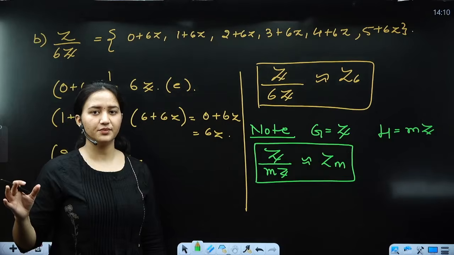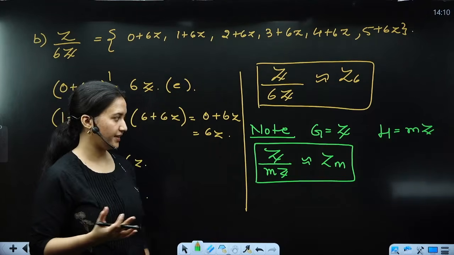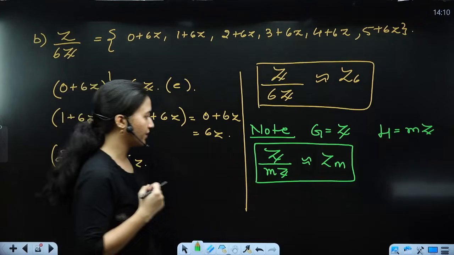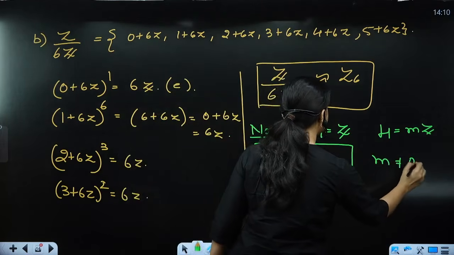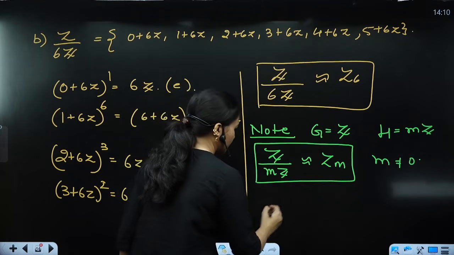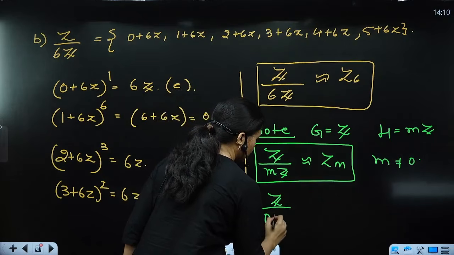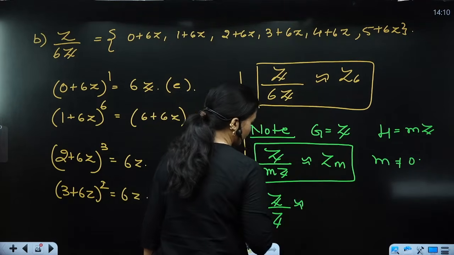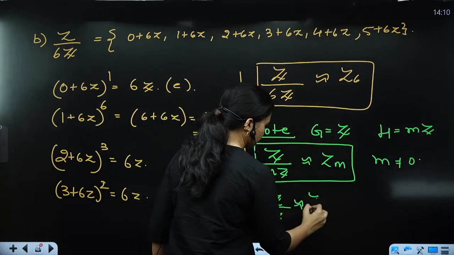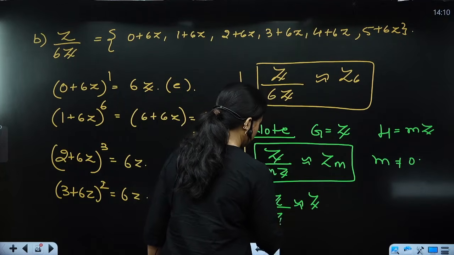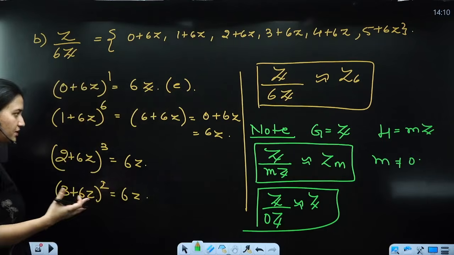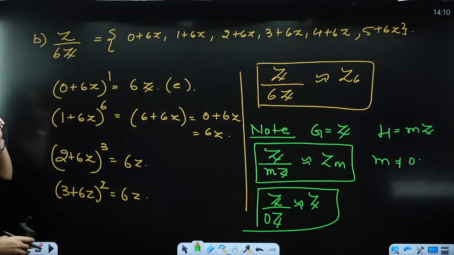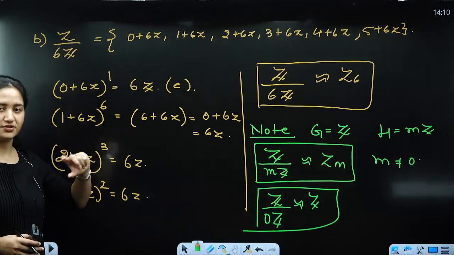Whatever order you get, it will be a cyclic quotient group, right? Now here m is not equal to 0, and if m is equal to 0, then it is isomorphic to again Z. Alright, so this is the note you have to keep in mind. This was about your infinite cyclic group, that is your Z.